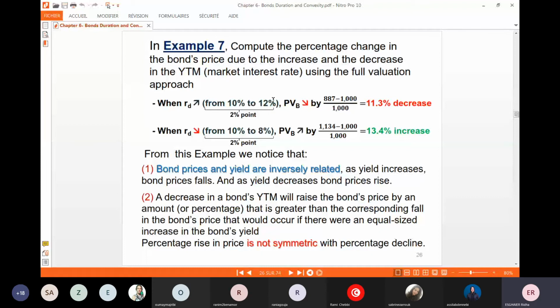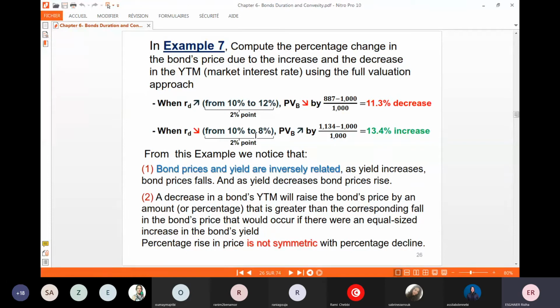But an increase in market interest rates gave me a decrease of 11.3% in the price. A decrease in market interest rate by the same magnitude, 2 percentage points, gave me an increase in the price of the bond of 13.4%. So the impact of a 2% increase is not the same as the impact of a 2% decrease.